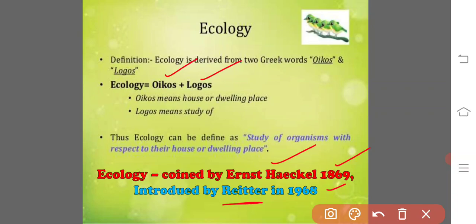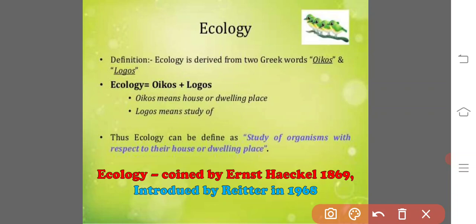Here we will see Charles Elton. Charles Elton defined the ecology as the study of biotic communities or the science of communities and populations, whereas Taylor defined the term ecology as the science of all the relations of all the organisms to all their environments.